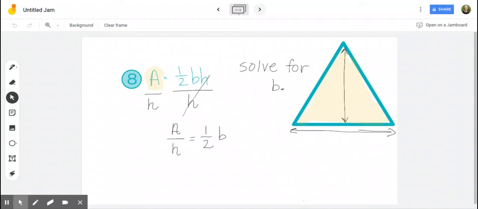Okay, so the way you do that, let's say you want to get rid of 1/2. The way you do that is by multiplying by its reciprocal. The reciprocal is when your numerator and your denominator switch positions. They flip. So another example, if you had 3/4 and you wanted to eliminate that fraction, you would multiply by its reciprocal, which is 4/3. So to cancel out fractions, you multiply by its reciprocal.